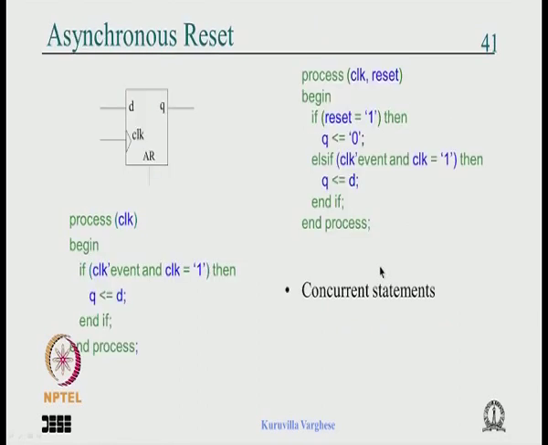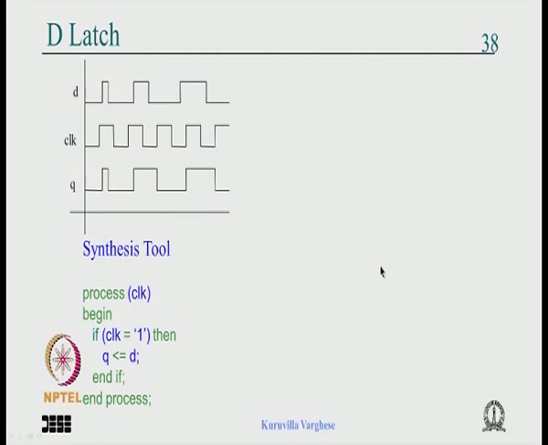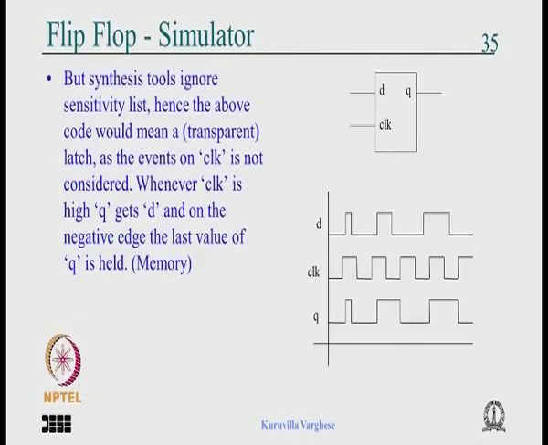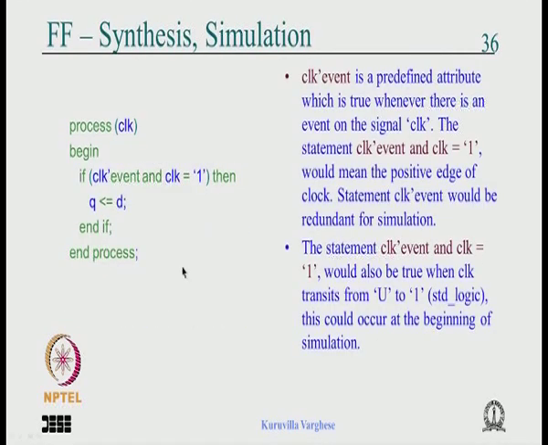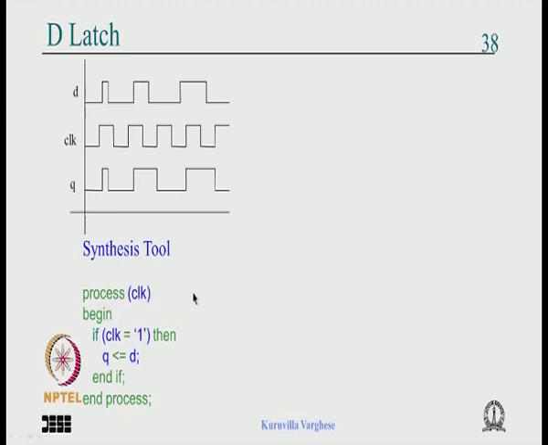So that is what I have told today. Basically we have looked at the code for the flip flop for synthesis and simulation, and there is an issue with clock'event because it can represent an unintended event. So you could use rising_edge and falling_edge. You can have an equivalent concurrent statement for flip flops, and for the latch, as far as the simulator is concerned, we need D in the sensitivity list.